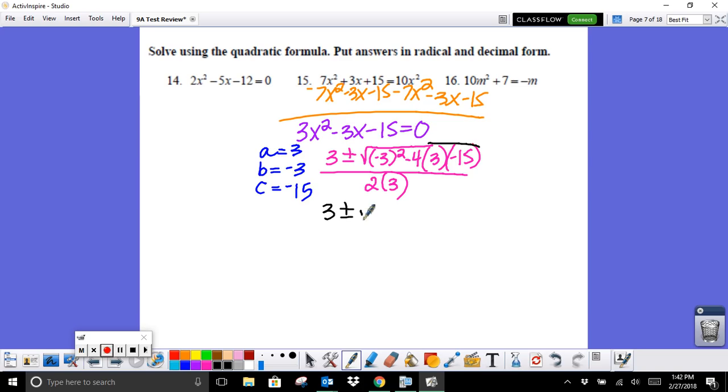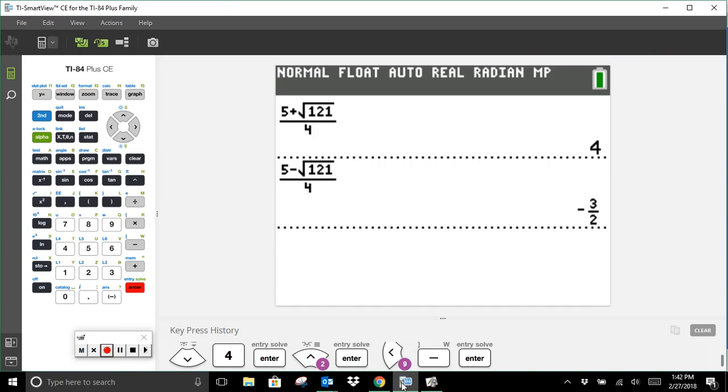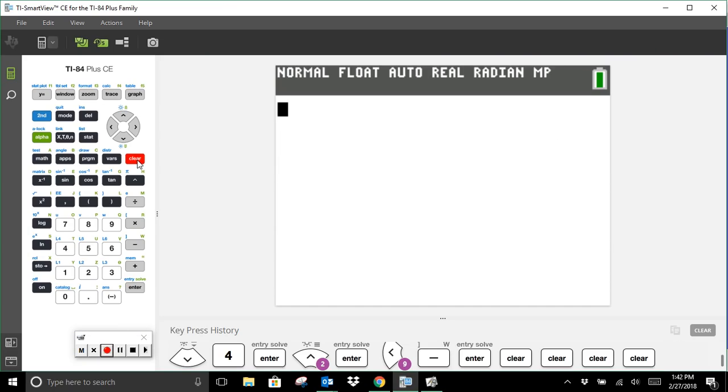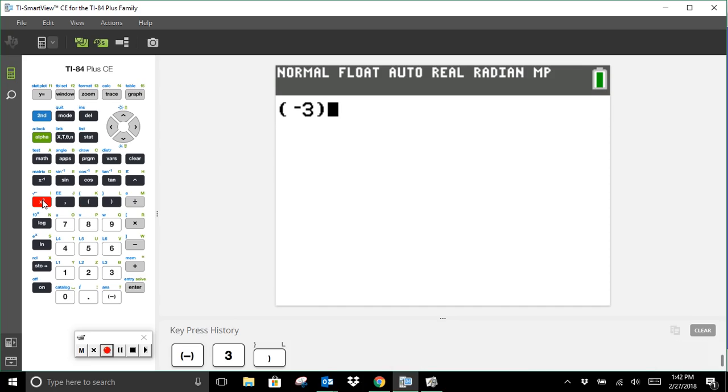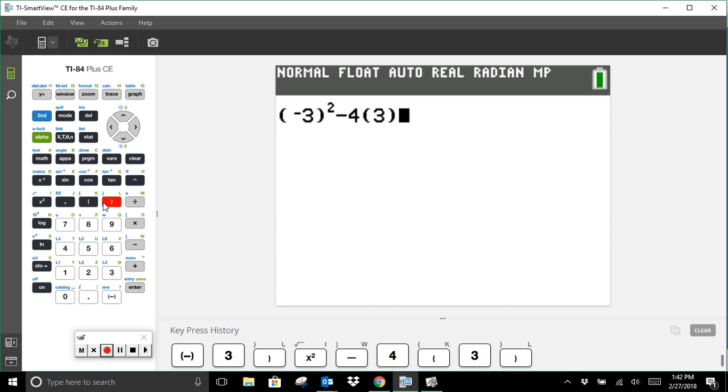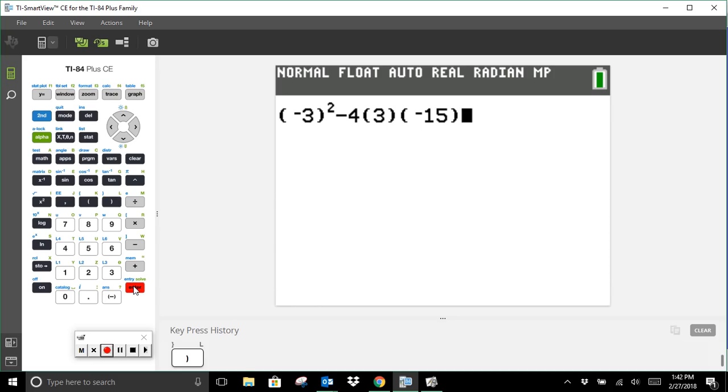So I'm going to have 3 plus or minus the square root. I'm going to type everything under the square root in the calculator so I don't have to do it by hand. So this is negative 3 squared minus 4 times 3 times negative 15, which comes out to be 189.